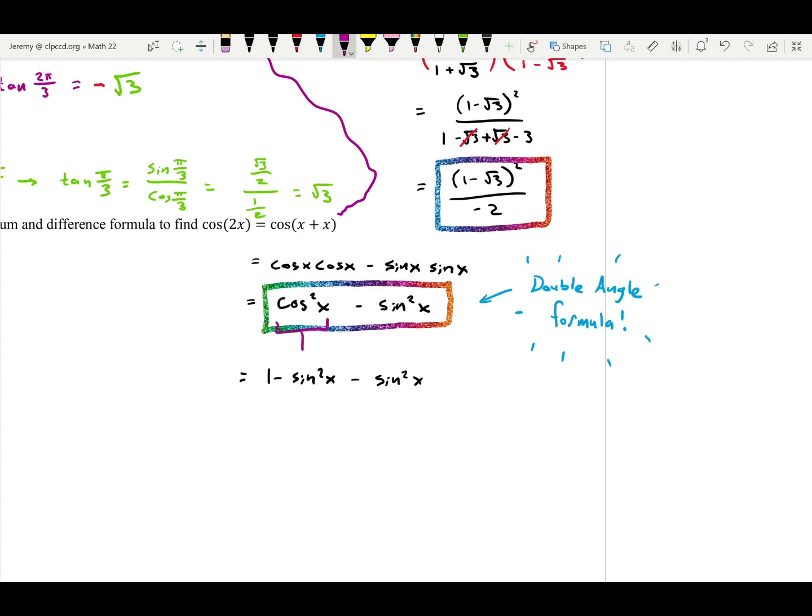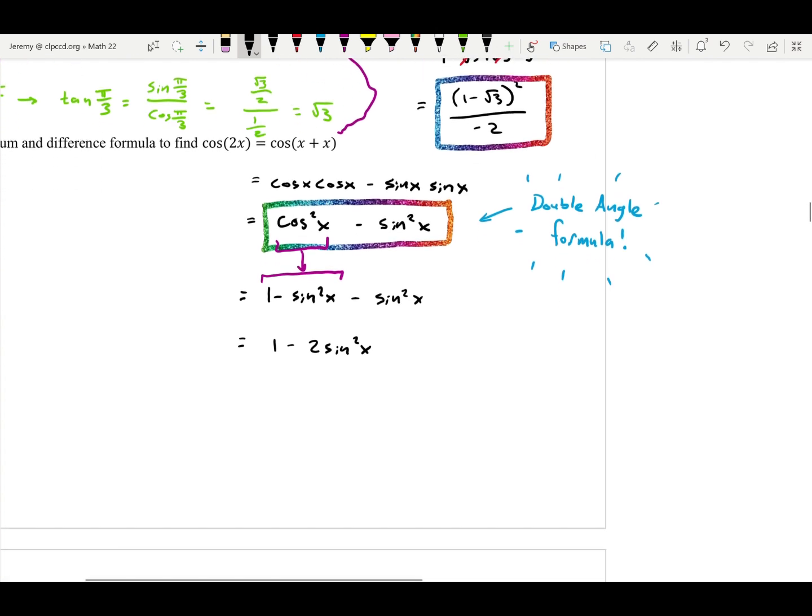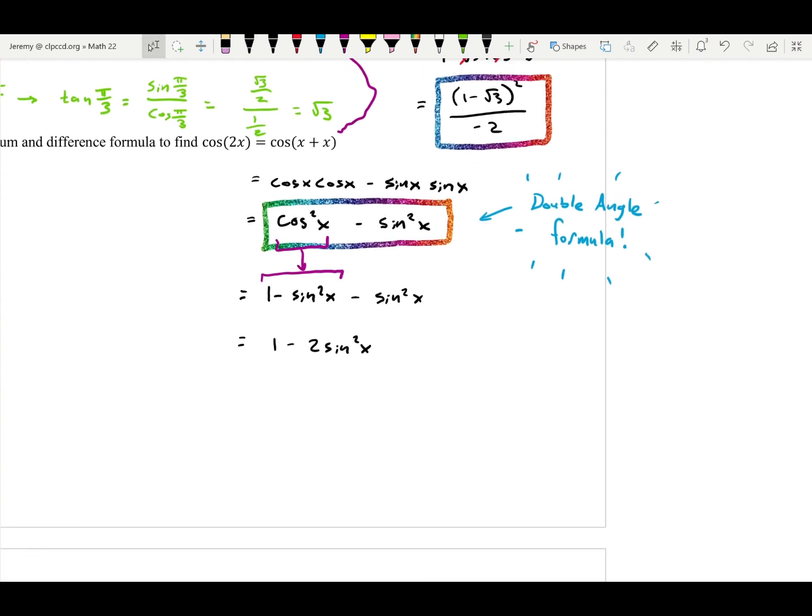Just making that substitution right there. Another way that we could express this formula is 1 minus 2 sine squared x. So that's another version of this formula.